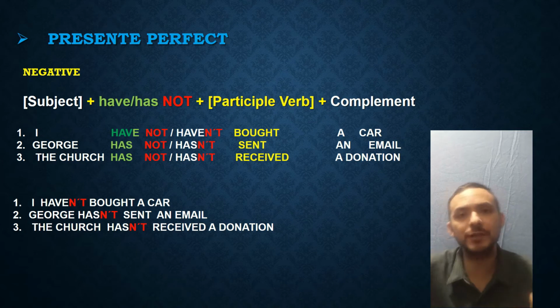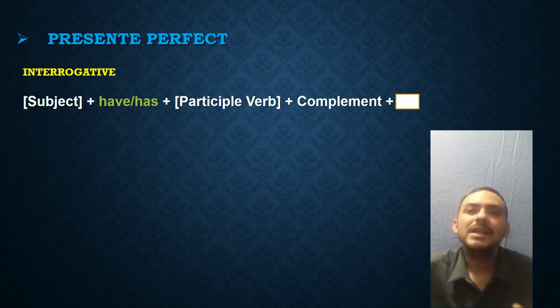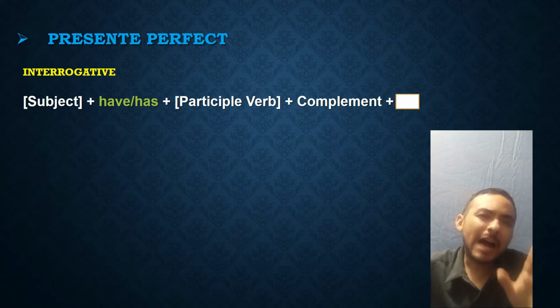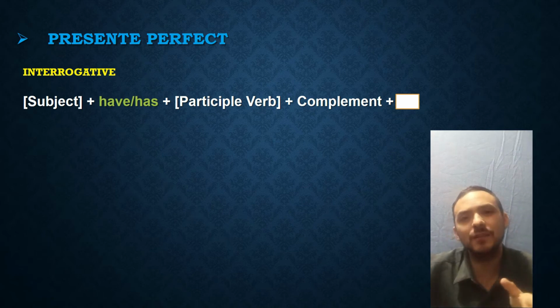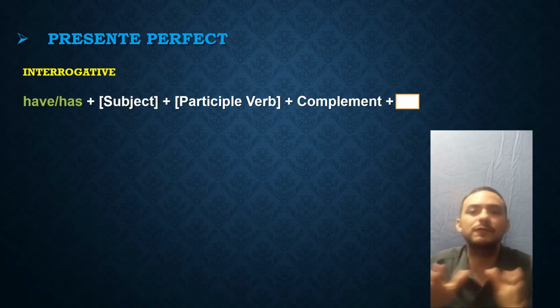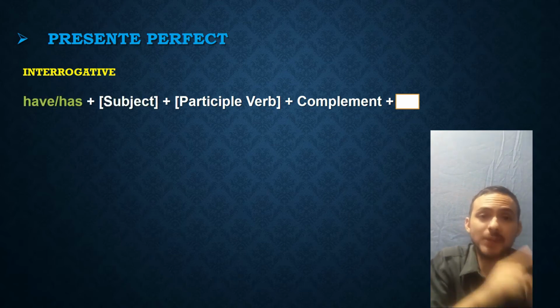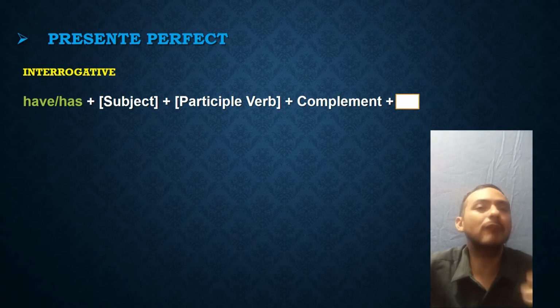To finish the first topic, let's look at the interrogative form. Now, see the affirmative structure begins with the subject and auxiliary, but in the interrogative, they change places. The auxiliary takes the position of the subject, and the subject moves to the place of the auxiliary.